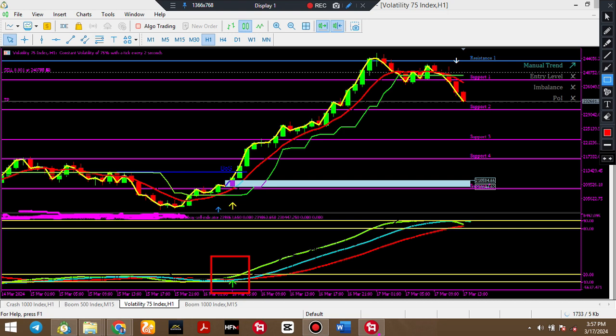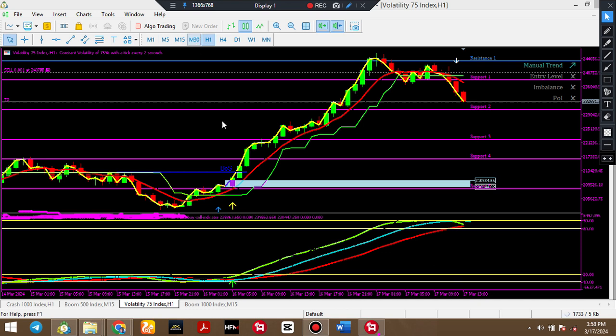So in a nutshell, if you want to use the 5 minute as your entry, the first thing you do is wait and see price get to this zone. You wait for price to get to your areas of interest, which is in your window one. That means if I want to use the 5 minute as my entry point, I'll check my 30 minutes. I want to see price at areas like this.